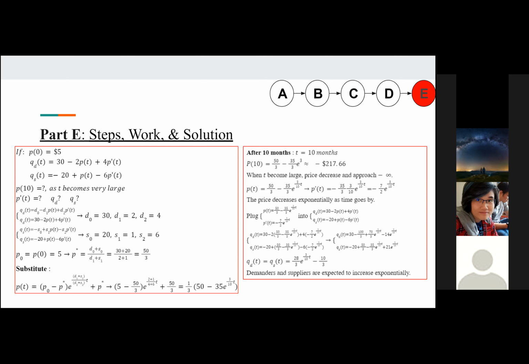We can substitute those into the initial price equation, when the time is 0, and we find that the constant value is 50/3.